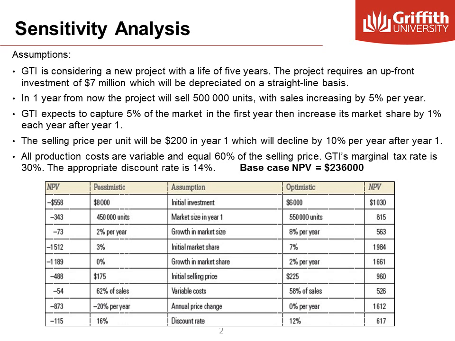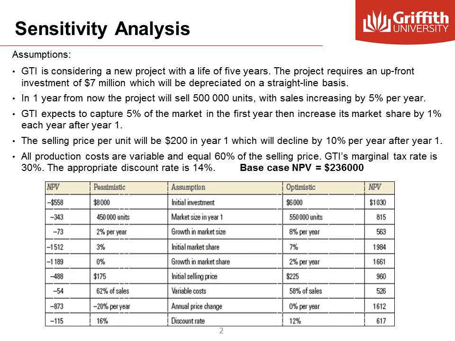The selling price per unit will be $200 in year 1, which will decline by 10% per year after that. All production costs are variable and equal 60% of the selling price. GTI's marginal tax rate is 30% and the appropriate discount rate is 14%.